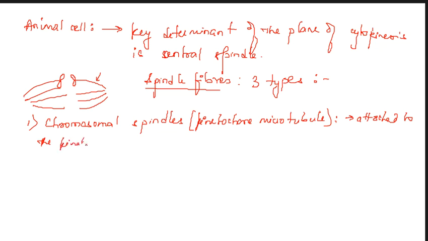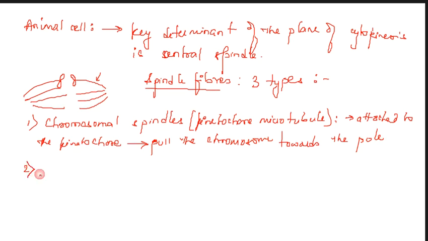That is why they are said to be kinetochore microtubule. What they do, they pull the chromosome towards the pole, so that there will be proper segregation.